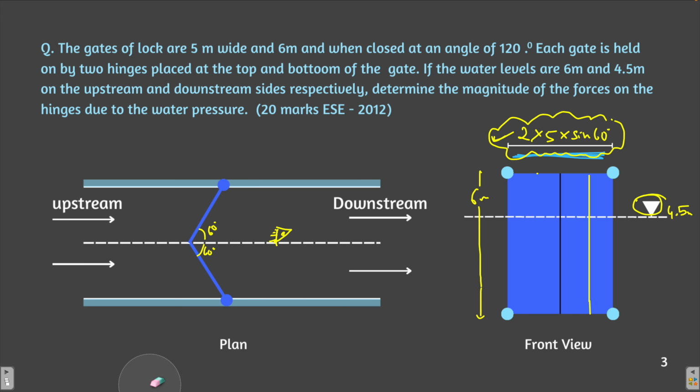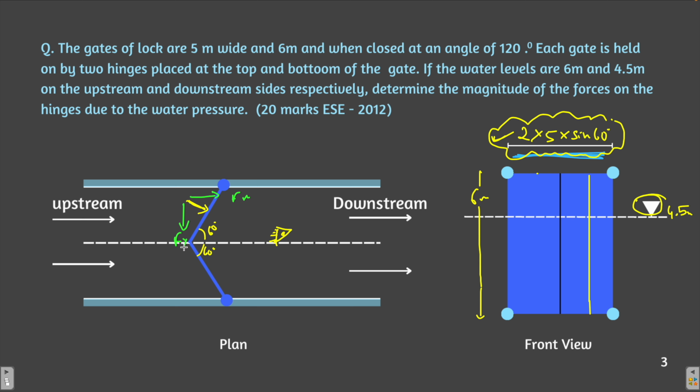Let me explain this. The hydrostatic forces will act normal to the gate. Okay, it will have two components: the component in the x direction, and a component in the y direction.